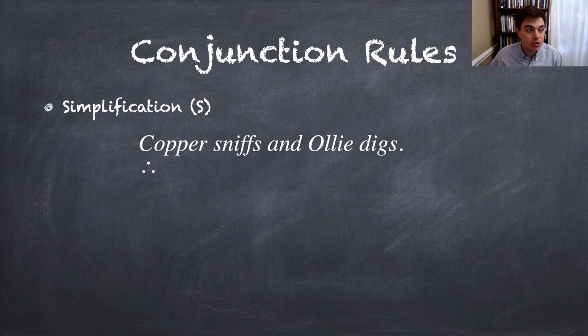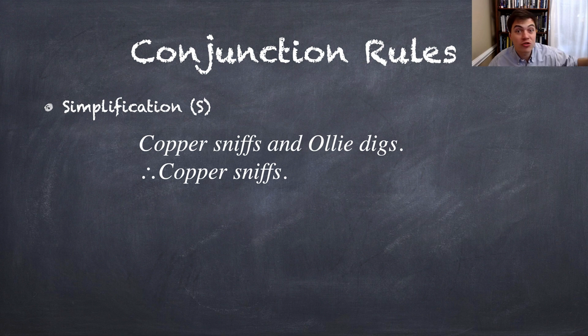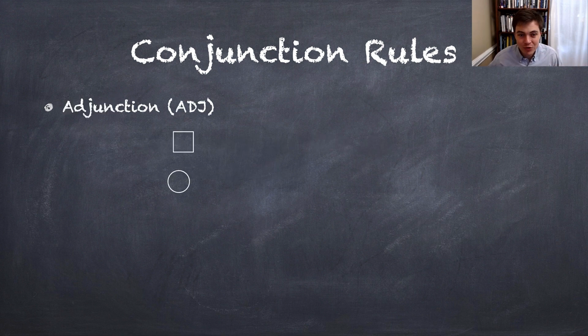In English, the English equivalents are just intuitively valid. I'm not going to spend much time on justifying it. If we have a sentence that's true, Copper sniffs and Ollie digs, what can we validly conclude from that as a matter of logic? Well, we know that both of those things are true, Copper sniffs and Ollie digs, so we could conclude, well, Copper sniffs. We could also conclude Ollie digs, right?